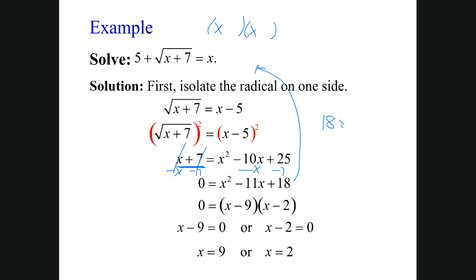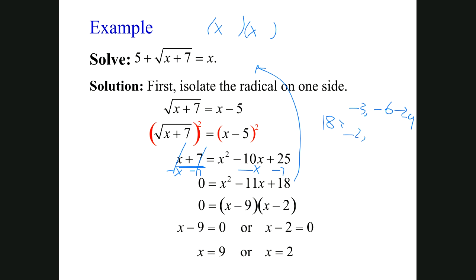I need to factor 18 into two numbers that added together give negative 11. That means a negative times a negative. Negative 3 times negative 6 gives me a positive 18, but these two added together is negative 9. Apparently we don't want negative 9, we want negative 11. So what else can we do?